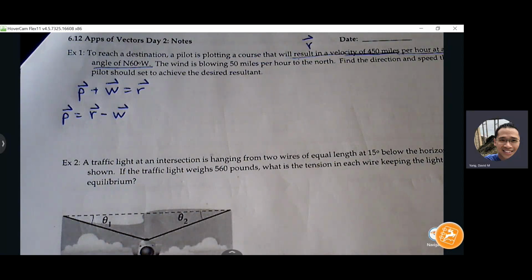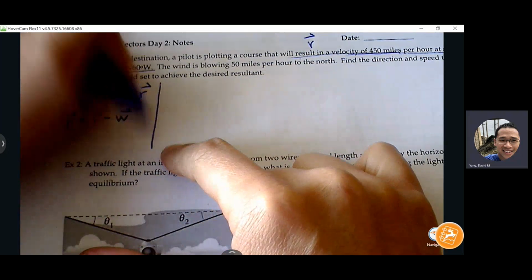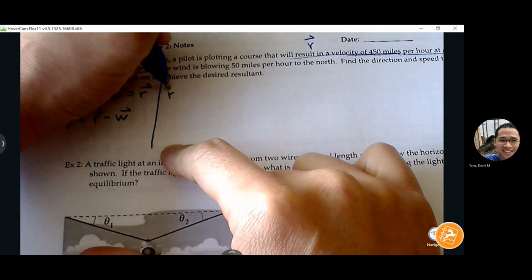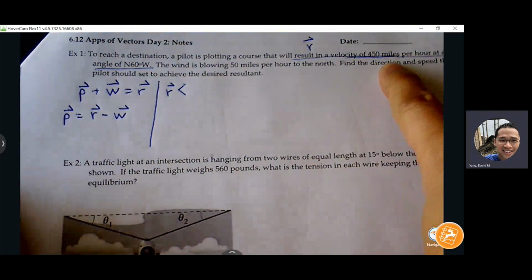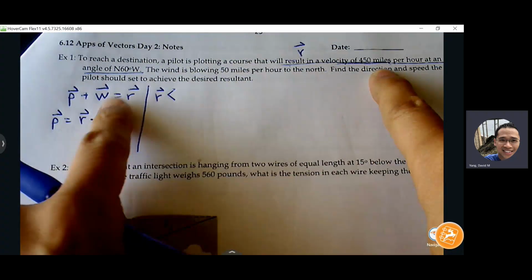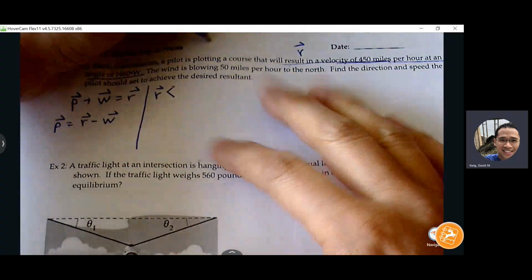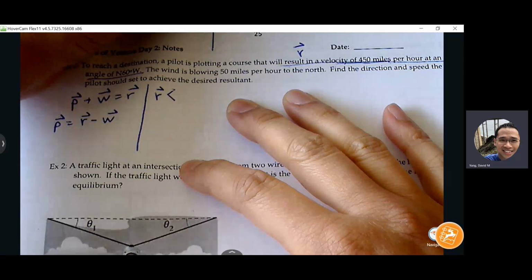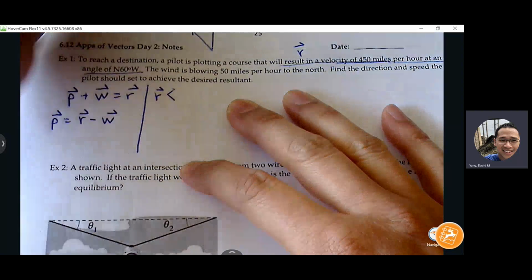So let's go ahead and find those two pieces of information. Let's find the resulting vector: 450 miles per hour at an angle of north 60 degrees west. So north 60 degrees west, let's go ahead and draw that out. That means I'm starting at 90 degrees and I'm moving 60 degrees to the west.